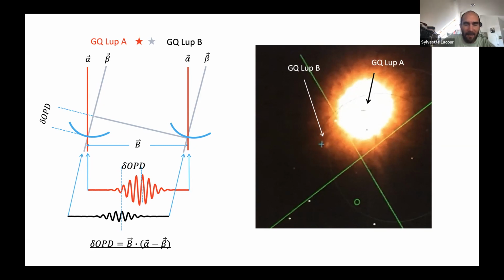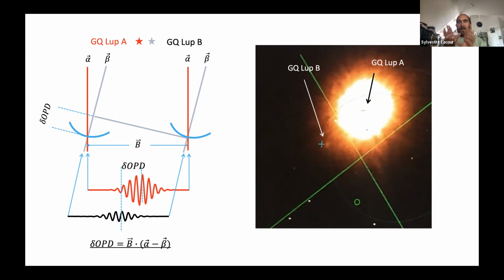However, you still have lots of flux leakage coming from the star, but you can distinguish the photons coming from the star with respect to the photons coming from the exoplanets by looking at the fringe packet. The fringe packet made by the interference on the star will be offset with respect to the one from the exoplanet, because the two objects are not at the same position on the sky.